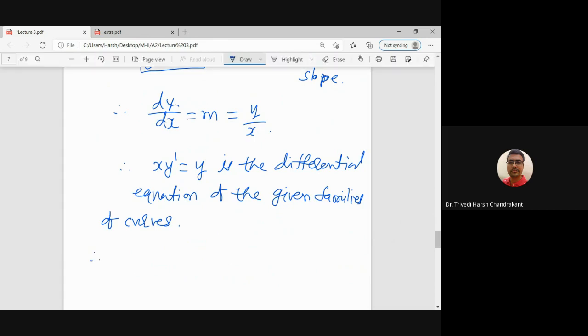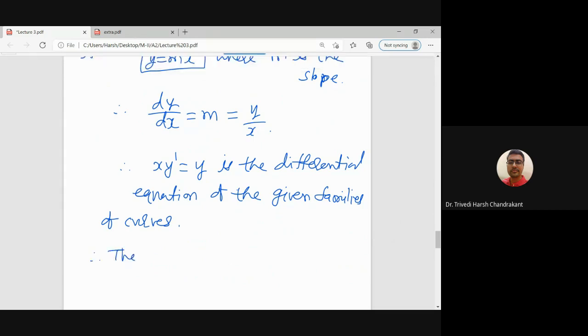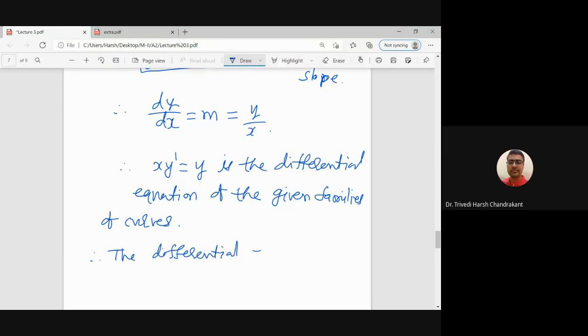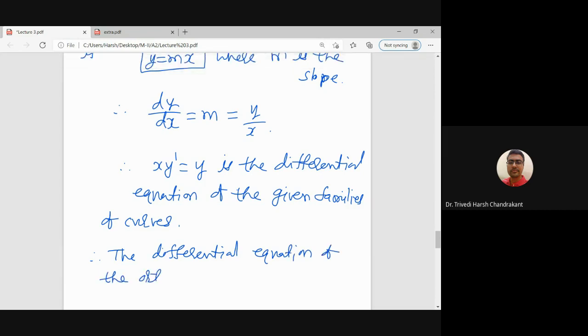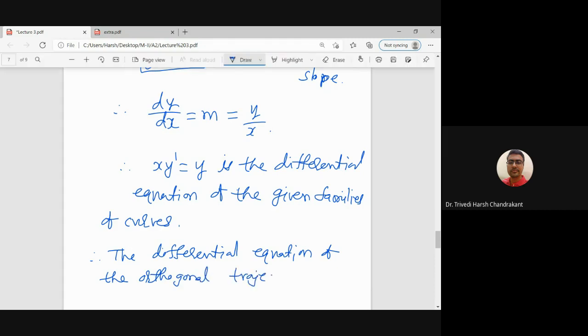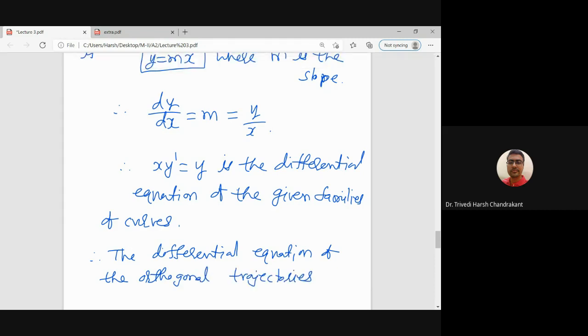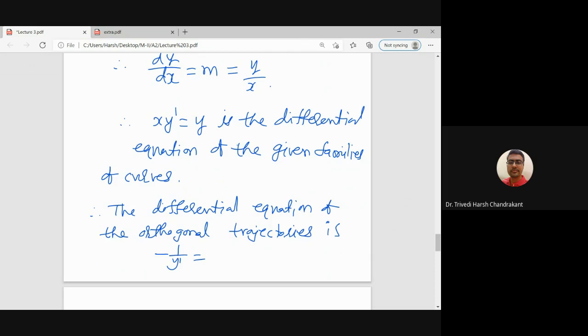Therefore the differential equation of the orthogonal trajectories is minus 1 upon y dash is equal to y by x.